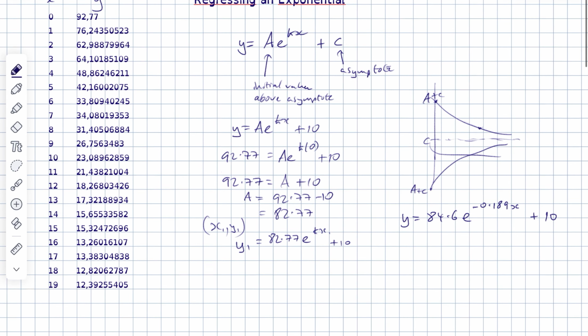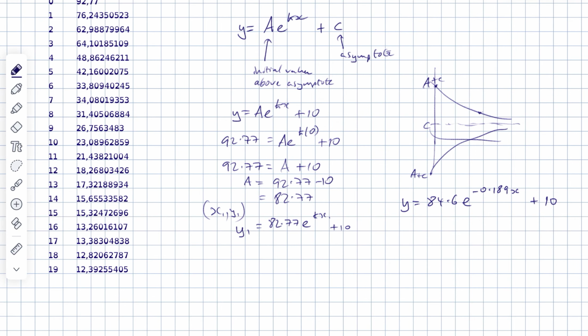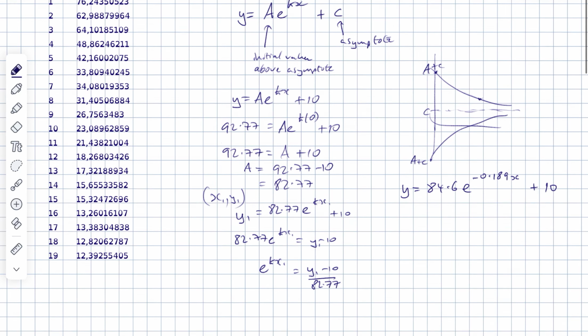And now let's try and find what k is. So subtract 10 from both sides, we get 82.77 e to the kx1 equals y1 subtract 10. Divide by the 82.77, e to the k x1 equals y1 subtract 10 over 82.77.